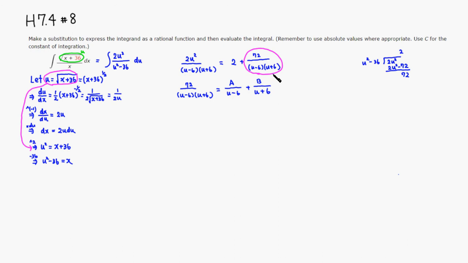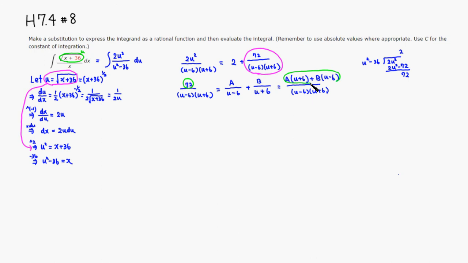Let's put them back together. The common denominator is u minus 6 times u plus 6, and the numerator is A times u plus 6 plus B times u minus 6.